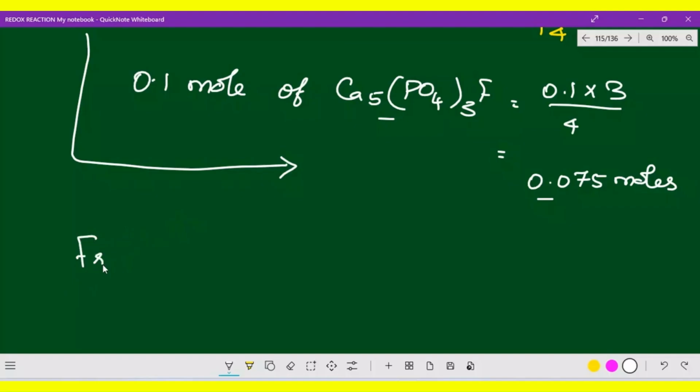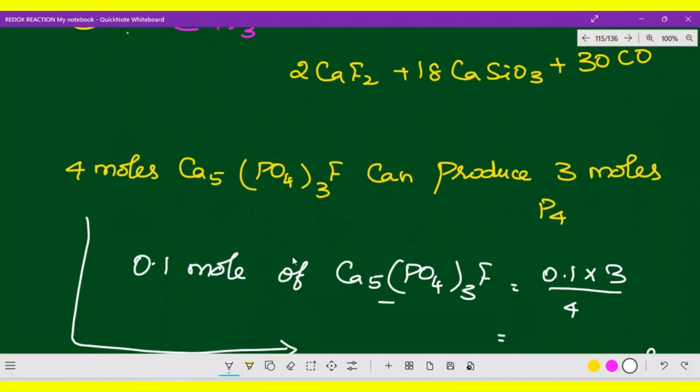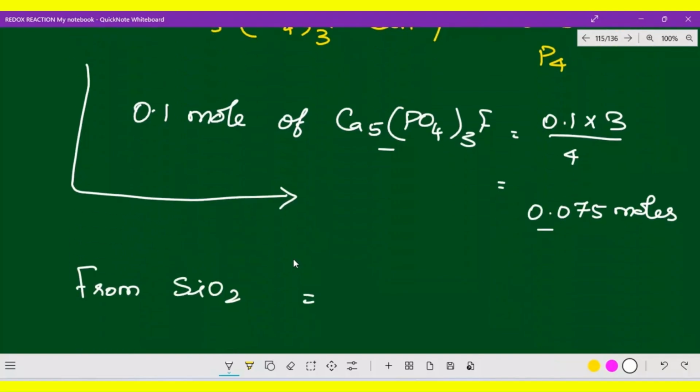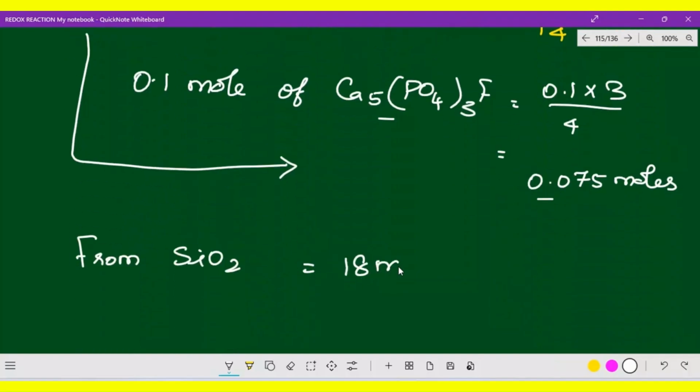So from silica, SiO2, now in the equation, how much have they provided? 18 moles of silica, SiO2, can provide 3 moles of P4.